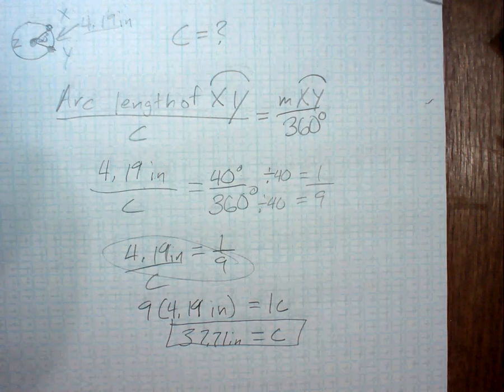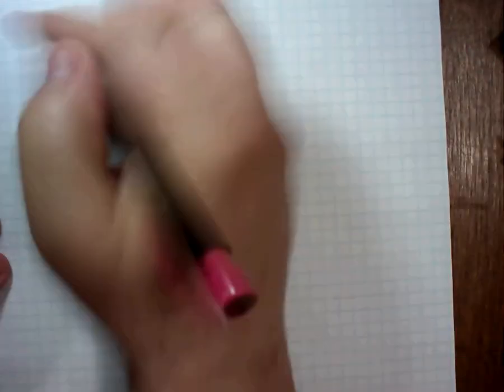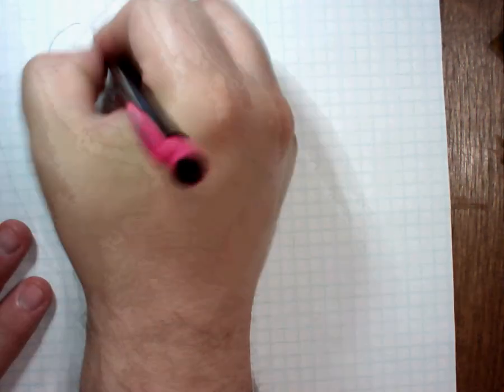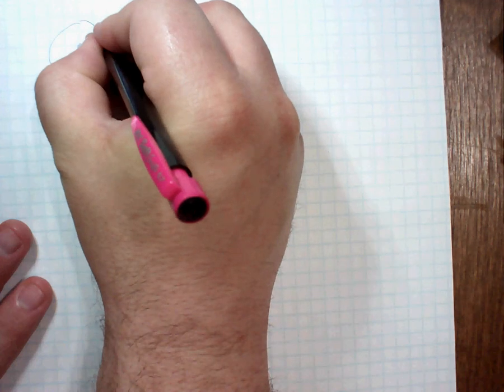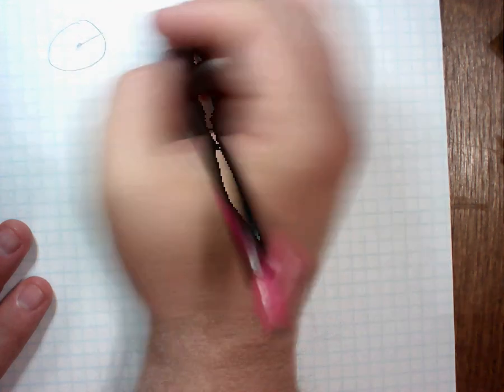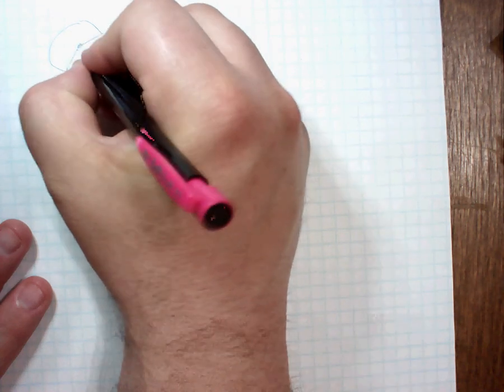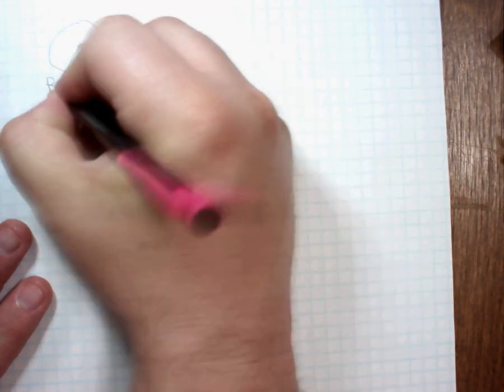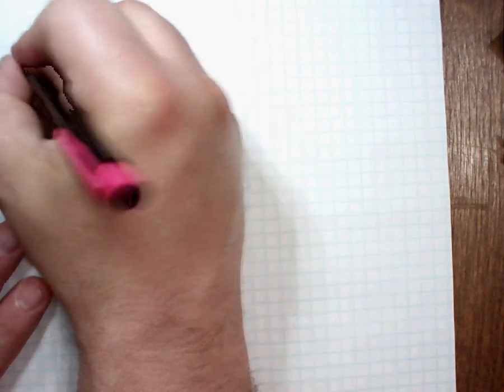I've got one more example. Consider a circle that looks like this. And we're told that the length from here to here is 15.28 meters.